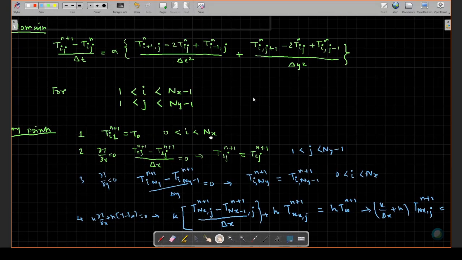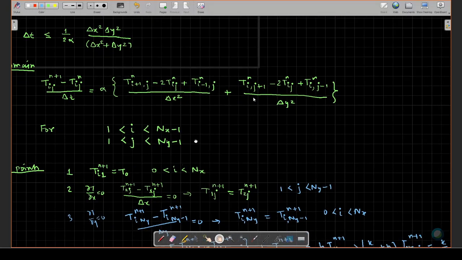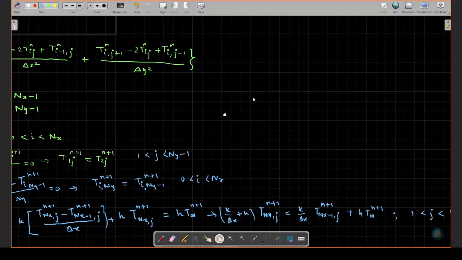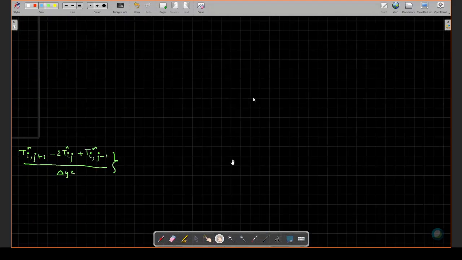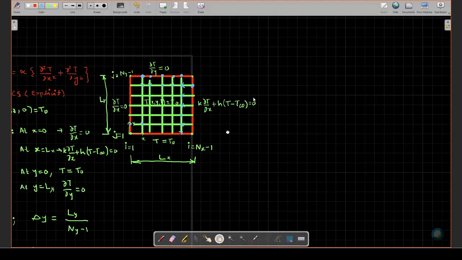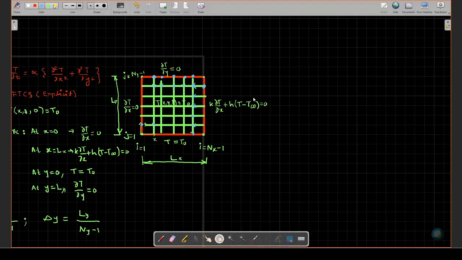If you have to be clear in this discretization, in one case we started in the nx case. In the nx case, you remember, we started from I equals 1 and went to nx. I mean 0 to nx means 1 to nx minus 1.